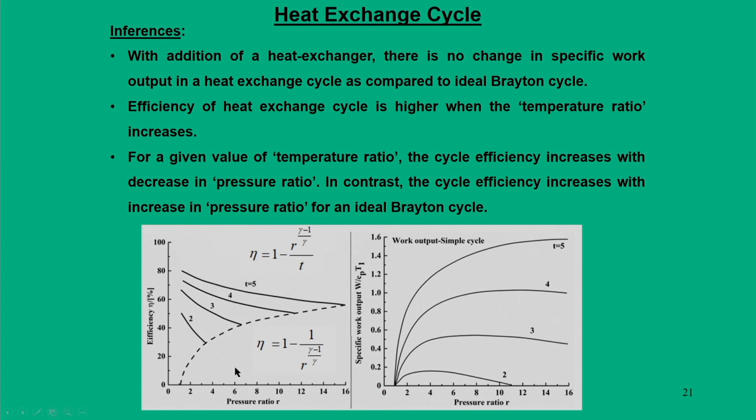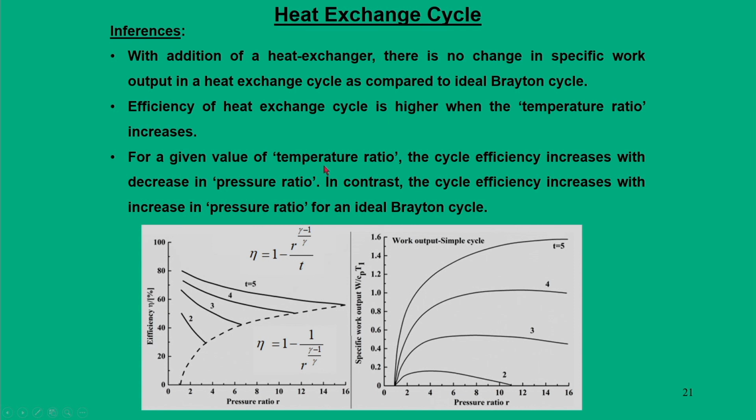Whatever I explained, we can make some inferences and write like this: with the addition of a heat exchanger, there is no change in the specific work output in a heat exchange cycle as compared to the Brayton cycle. The efficiency of the heat exchange cycle is always higher when the temperature ratio increases.